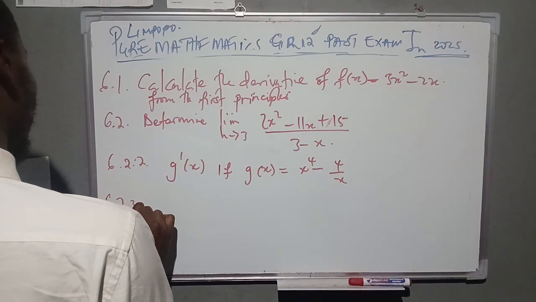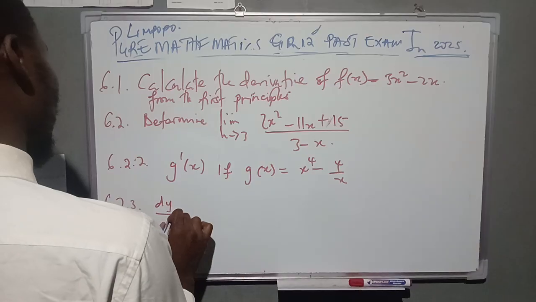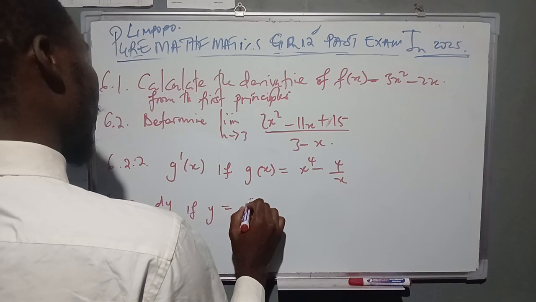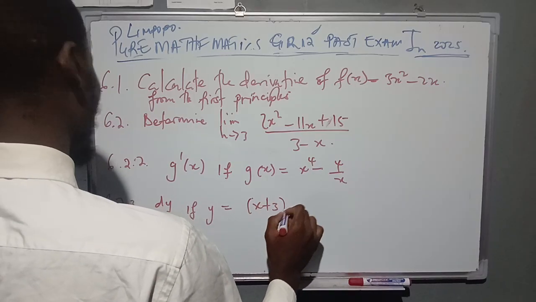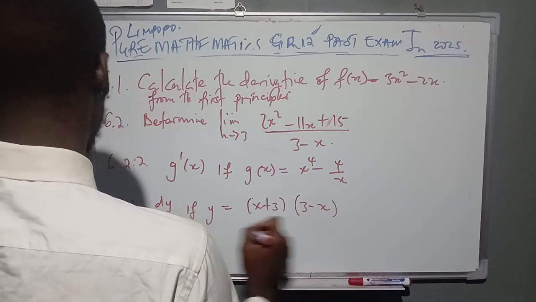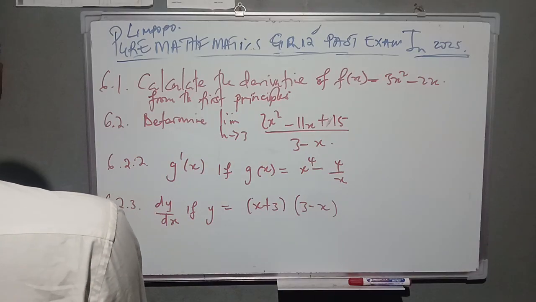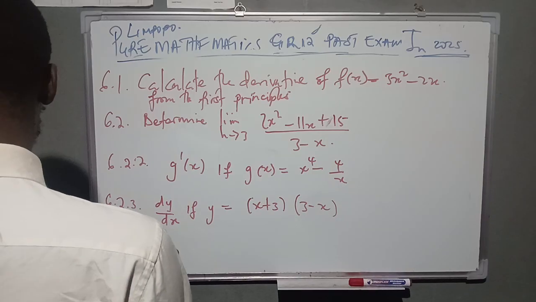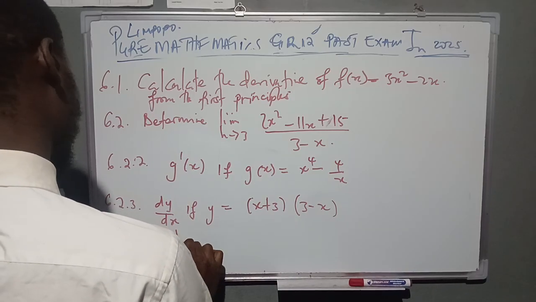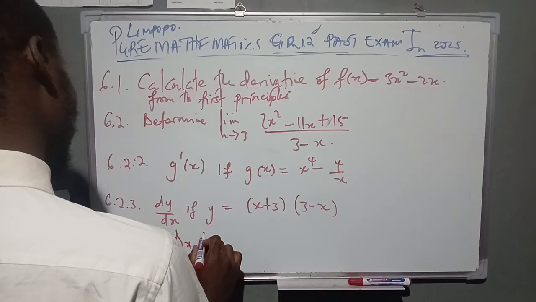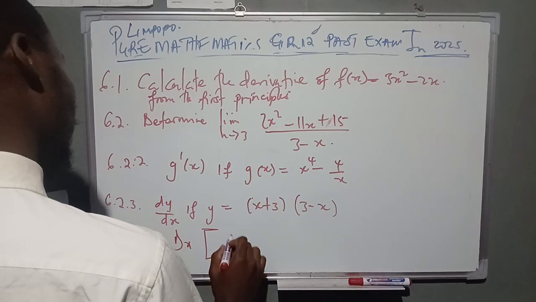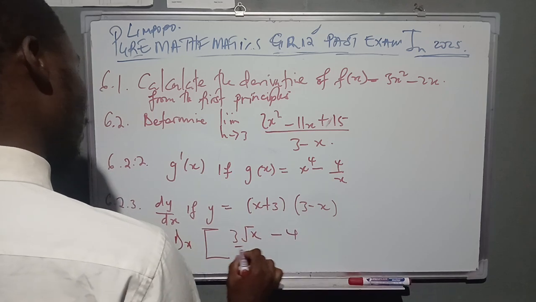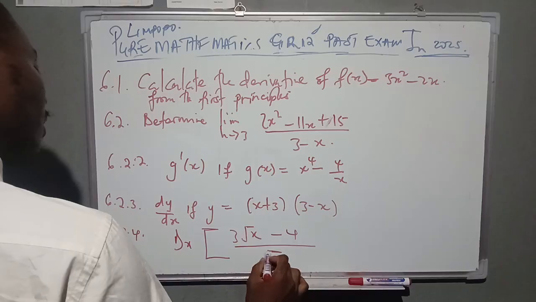Then 6.2.3, it was saying dy dx if y equals x plus 3 minus x. Then 6.2.4, dx of 3 root x minus 4 over root x.